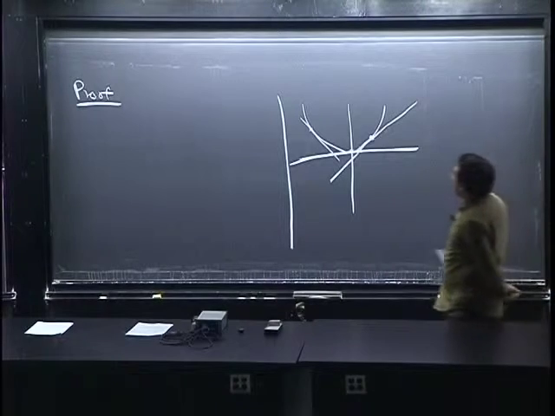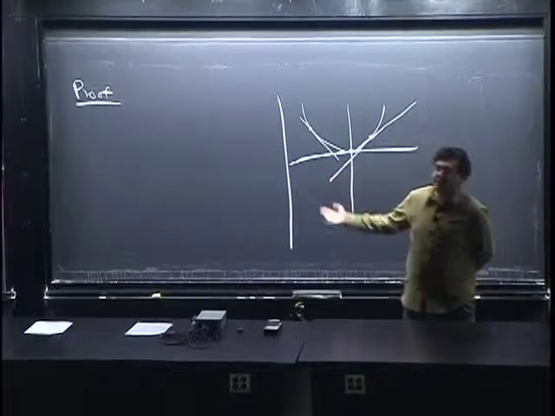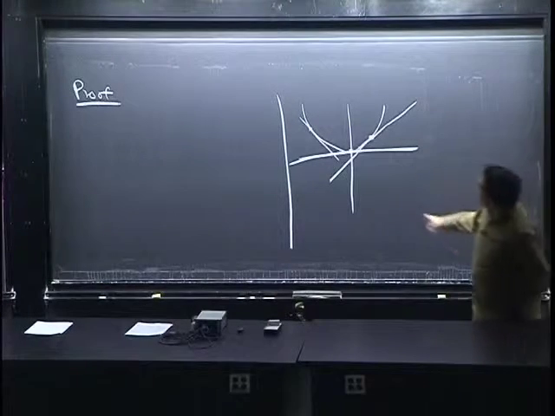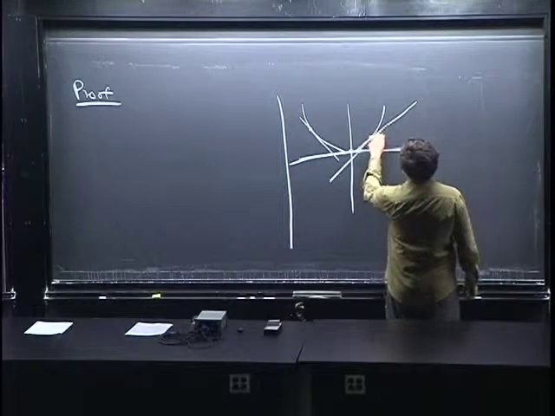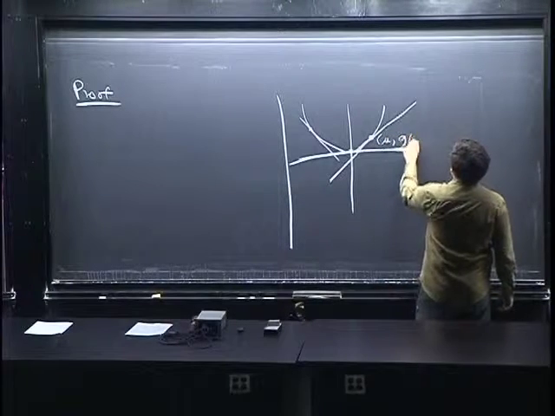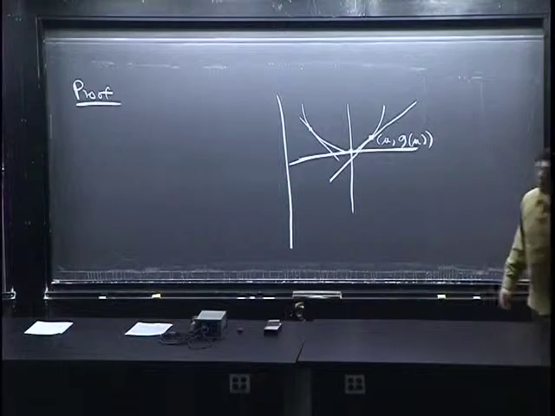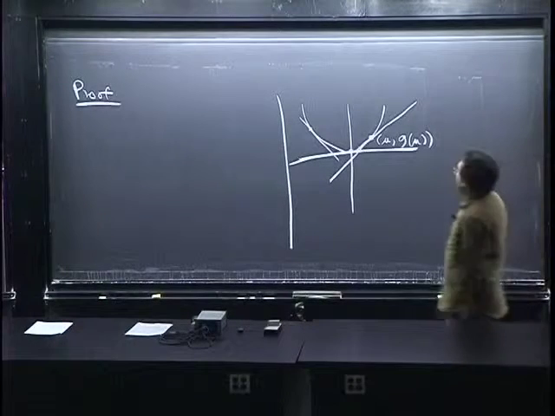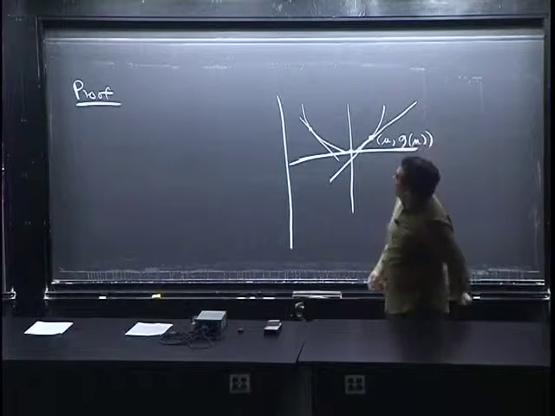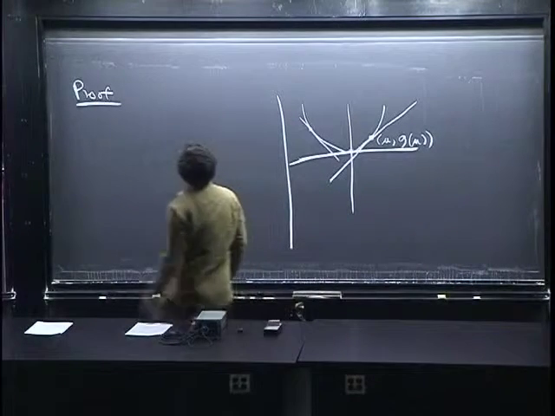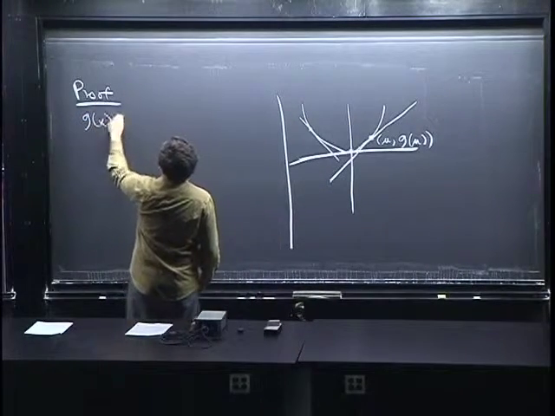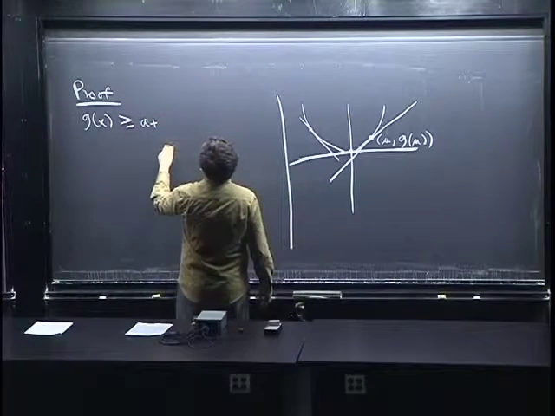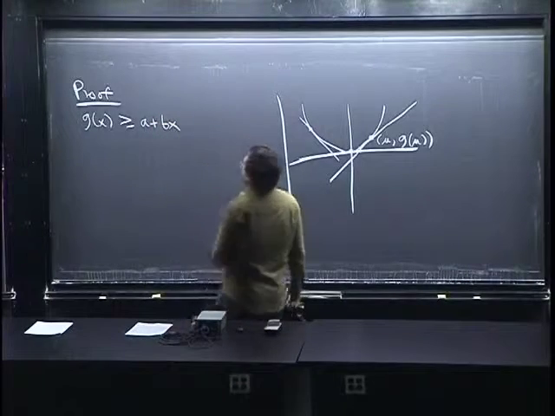So that's essentially the only fact that we need for the proof of Jensen's inequality. Let's actually draw this line. Say this is the point mu, g of mu. Okay, so that's a point on the curve, and suppose we draw a tangent line there. Then what we're asserting is that g of x is greater than or equal to a plus bx, where that's the equation of the line.